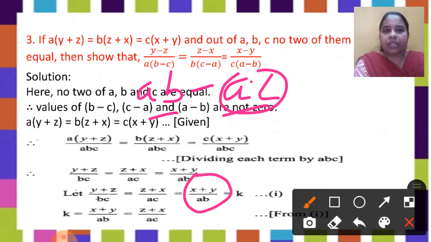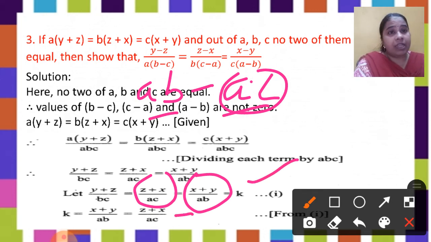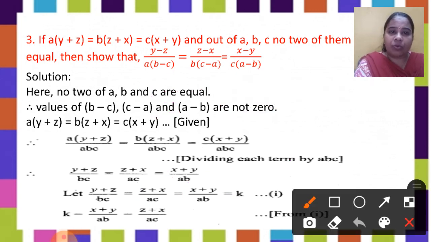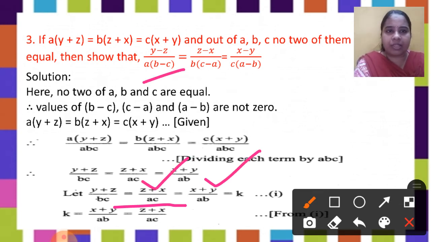Then I want ac, which one? This one. And I will equate it to k. That is the reason it is written here. See, it is ab minus ac, so ab is written first. k is equal to x plus y upon ab, and that is equal to z plus x upon ac. Why out of these three only these two are selected? Because looking at the denominator, I came to know that I have to do ab minus ac.